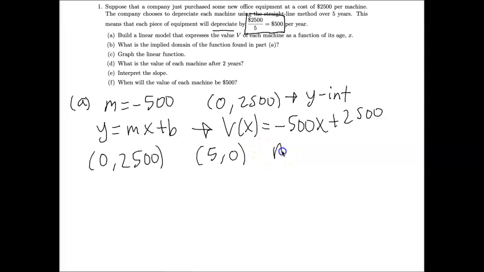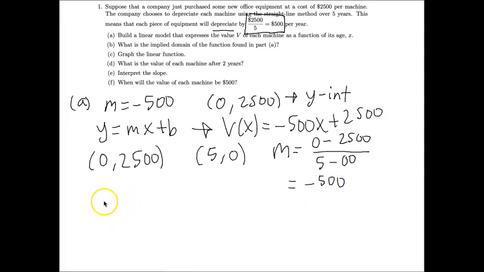And so m is y2 minus y1 divided by 5 minus 0, x2 minus x1. And so that's going to give us our negative 500.